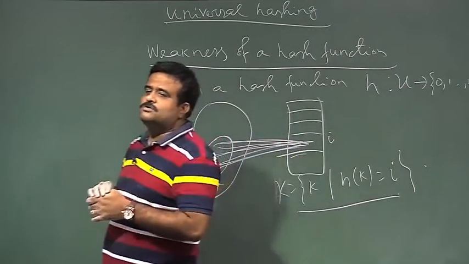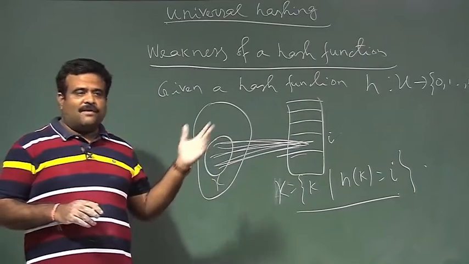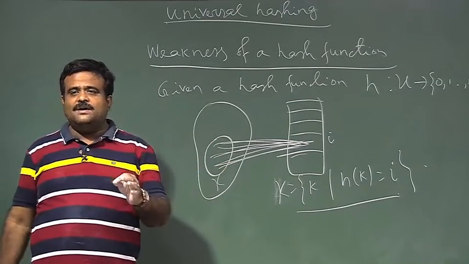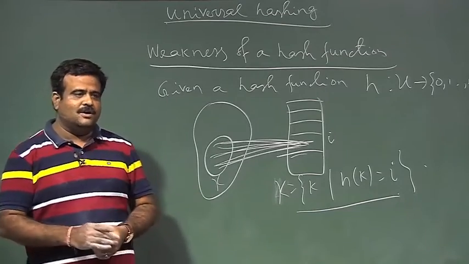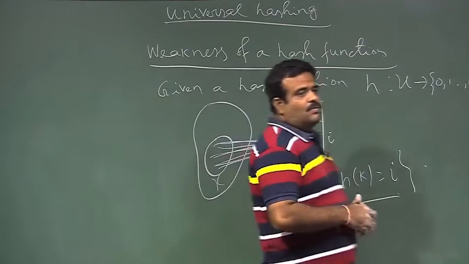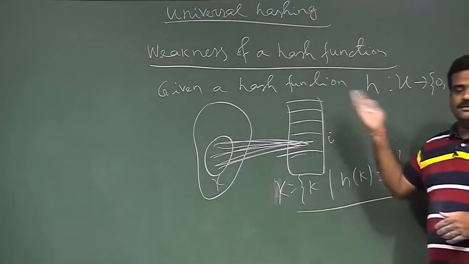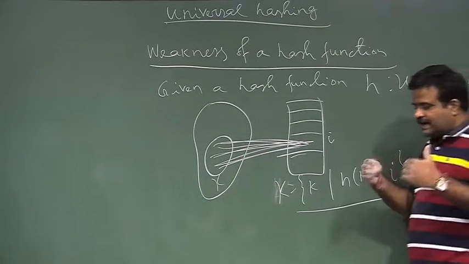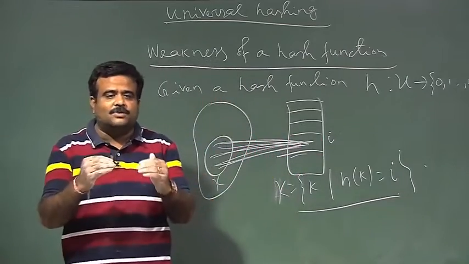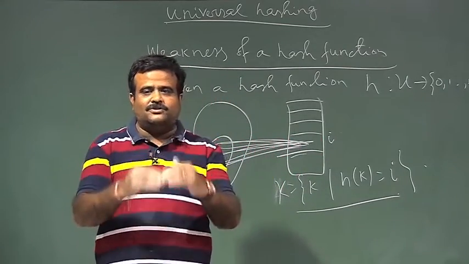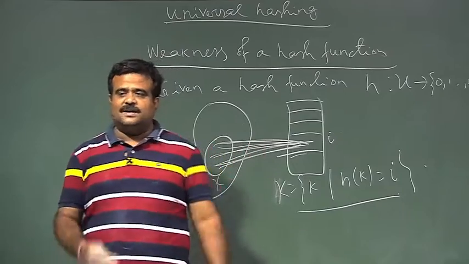Here also we will do the same thing. To avoid this weakness, we have to choose a hash function randomly from a collection of hash functions. If we choose the hash function randomly, then our adversary does not know which hash function we are going to choose, because this choice is made at runtime.